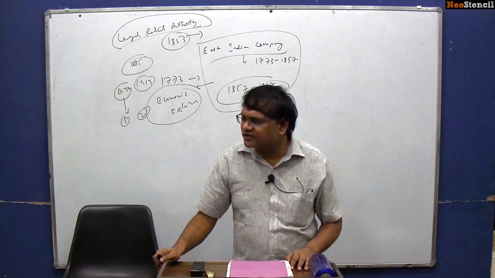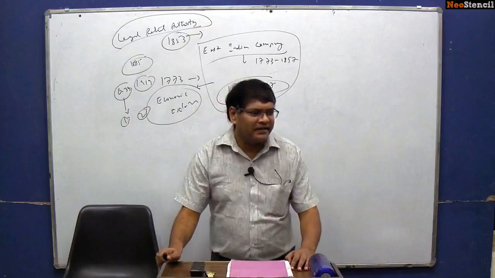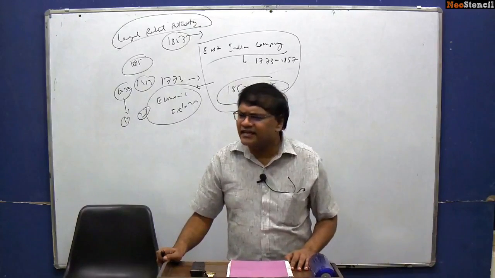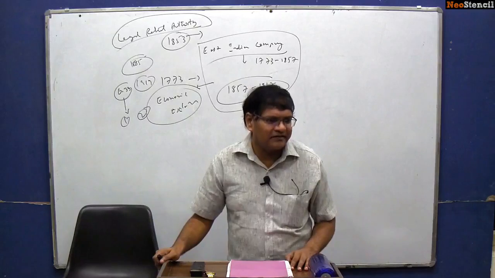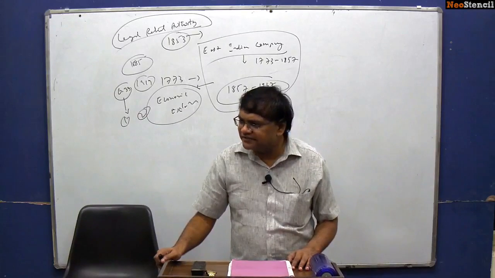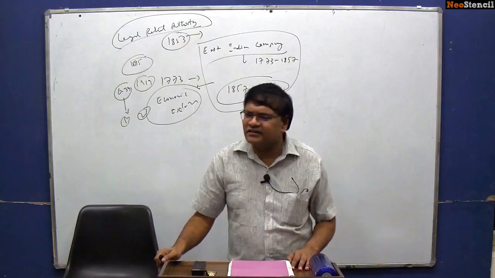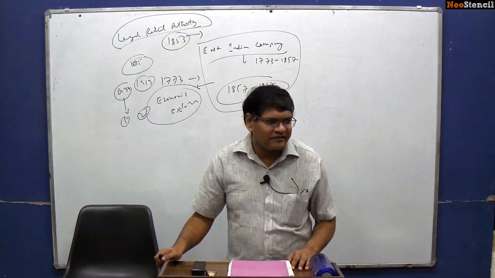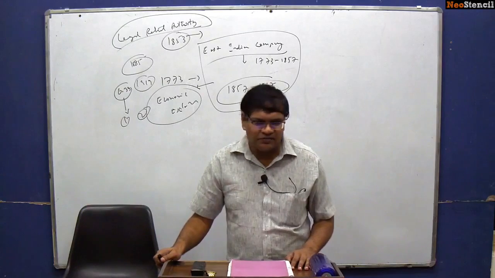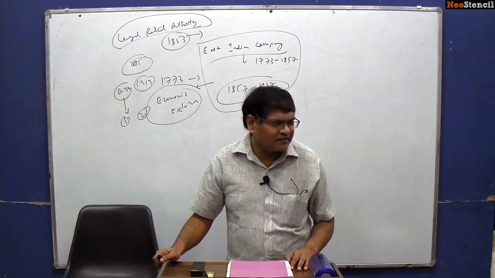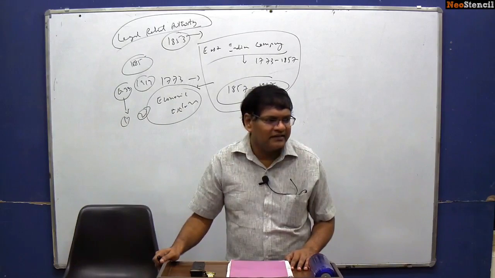But our constitutional forefathers said that the spirit of the entire constitution can be defined in terms of the ability of the organs of the state to protect the fundamental rights of our citizens. As we proceed with our syllabus, whether the organs of the state have been able to perform this function or not, that is what we will see as part of what happened in India since 1947 till now.